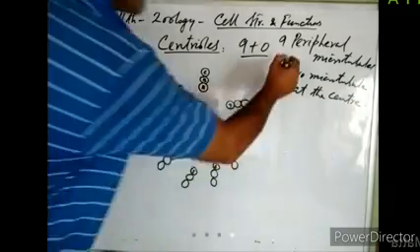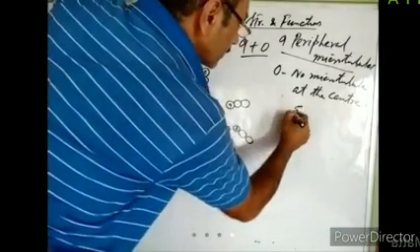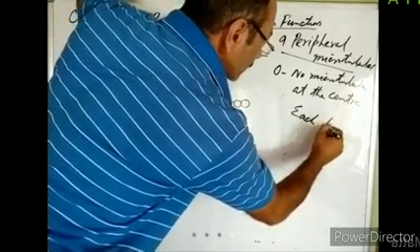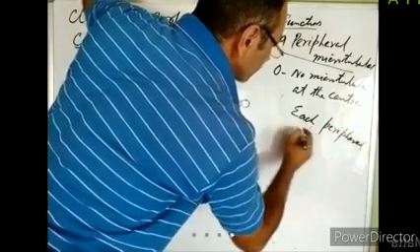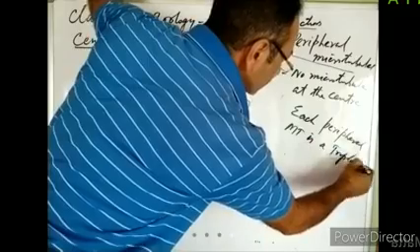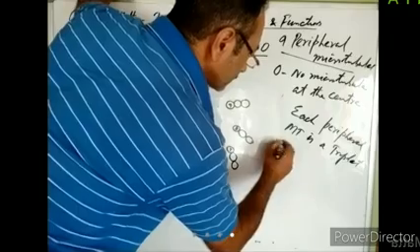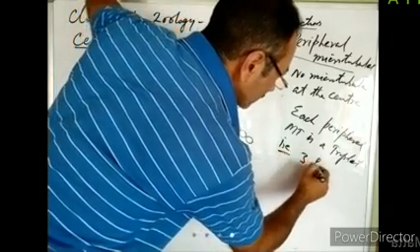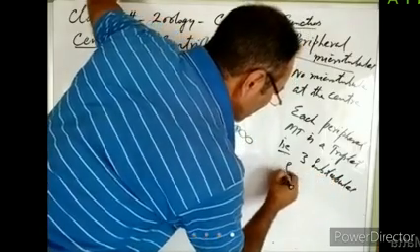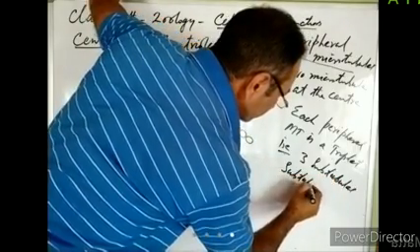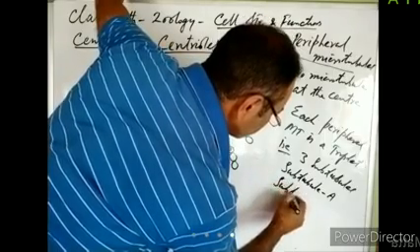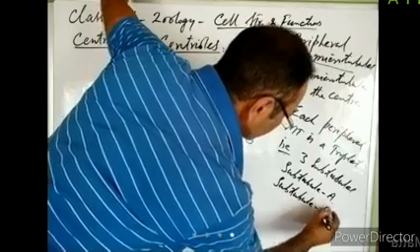There are only 9 peripheral microtubules, and each is a triplet, that is, it is formed of 3 subtubules: subtubule A, subtubule B, and subtubule C.